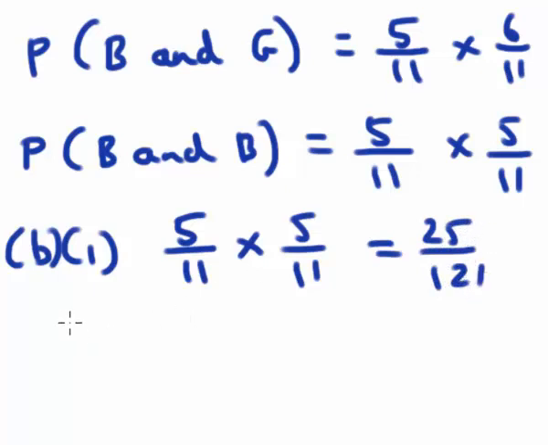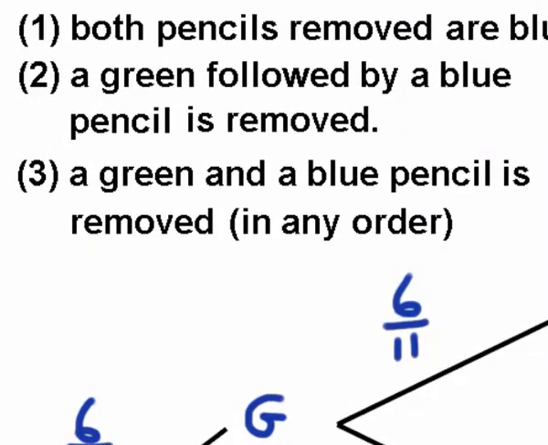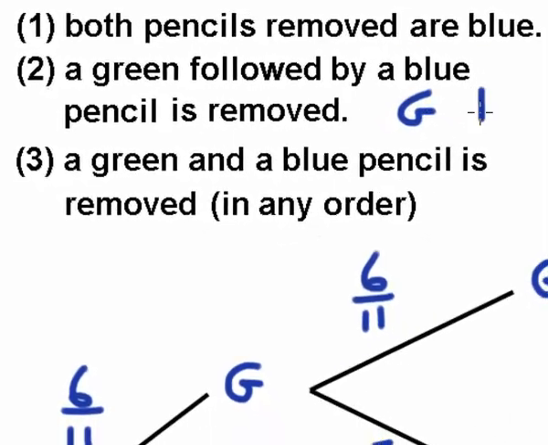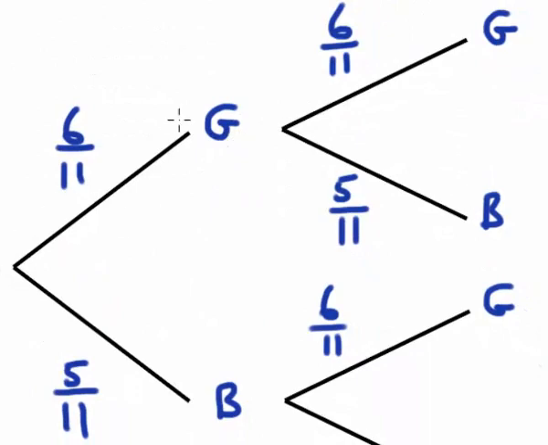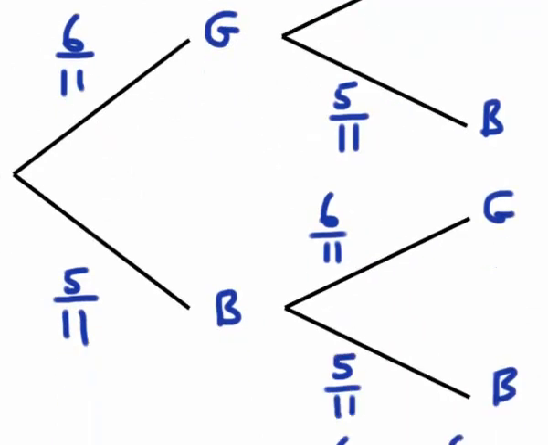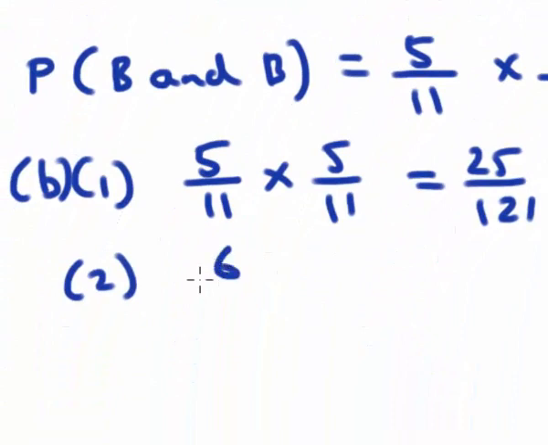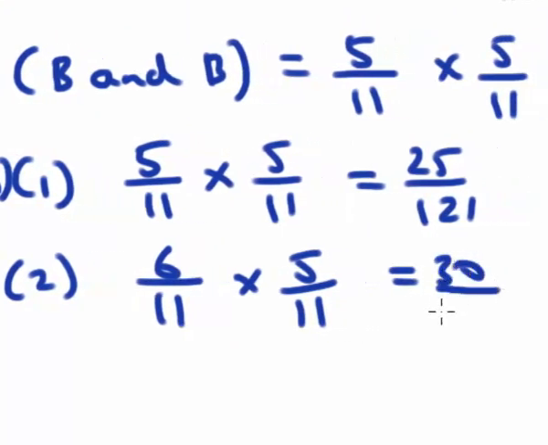Okay, now the next one, let's look at number 2. What is the probability that a green followed by a blue is removed? So it's a G, then a B. So what would that be? It would be G to B, 6/11 times 5/11. Okay, so that's 6/11 times 5/11, which of course is 30/121.